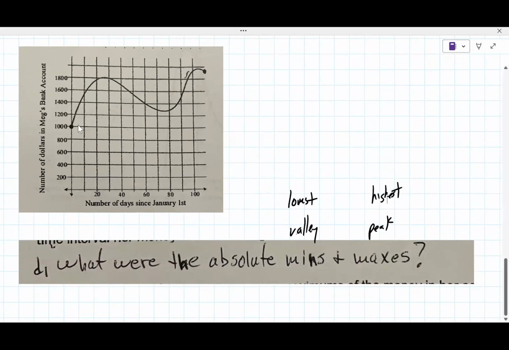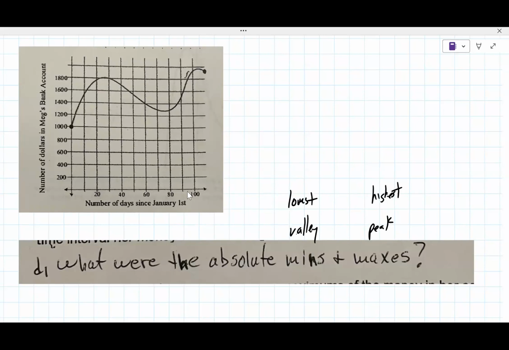Okay, so I want you to look at the entire curve here. Where's the highest place? It's right over there, between 80 and 100.